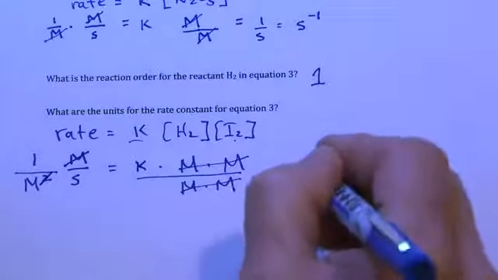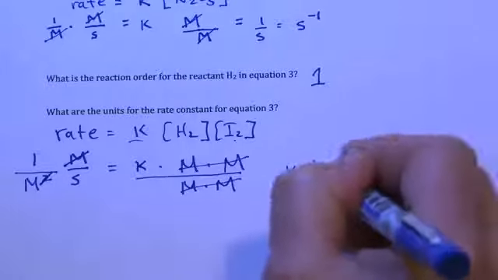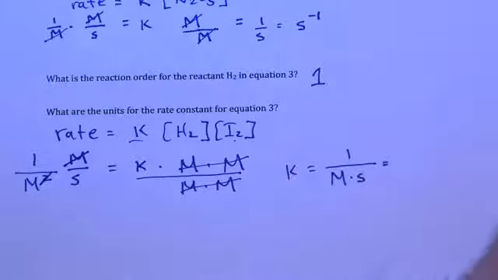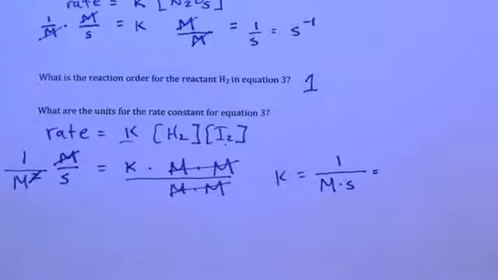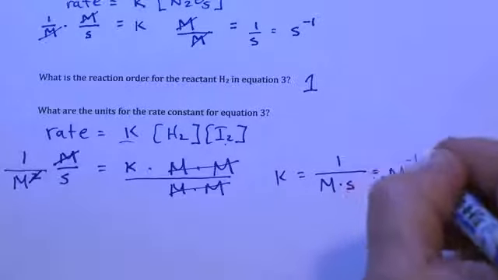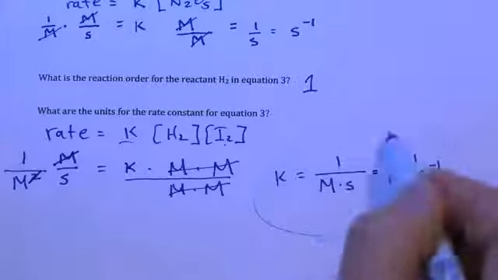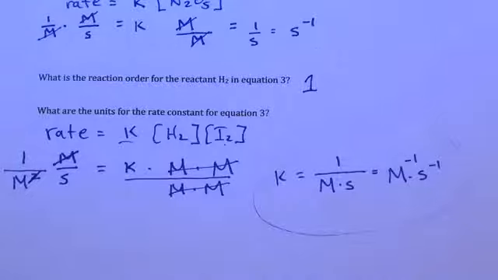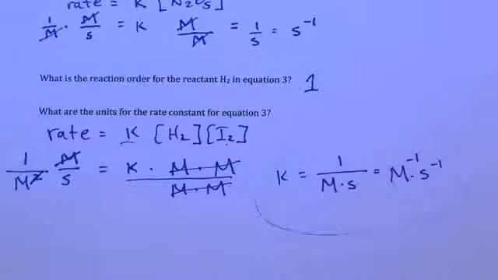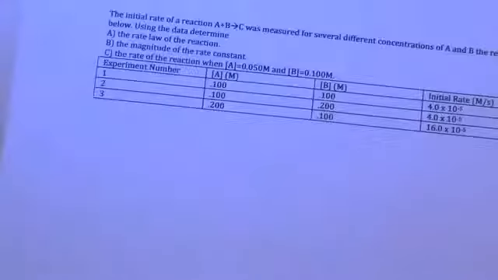And so the units of K turn out to be 1 over molarity times seconds, or, like I said, the book likes to write it with negative exponents. It would be equal to molarity to the -1 times seconds to the -1. Get used to writing 1 over something with negative exponents. Being able to solve for the rate constant units is a critical component a number of times in this chapter. Going on to the next page.